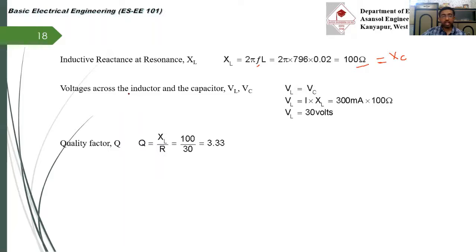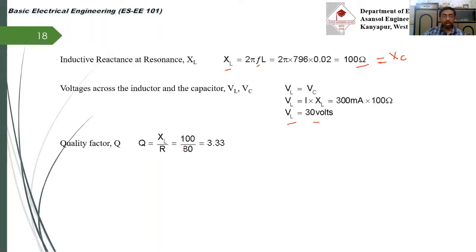So what is the voltage across the inductor and capacitor? VL equals VC at resonance. That's why it becomes short circuited, and only R is playing the role there. So VL equals VC, that is VL equals I into XL, because the XL value is calculated, and the XC value is the same. Multiply this, you will get that the VL value is 30 volt.